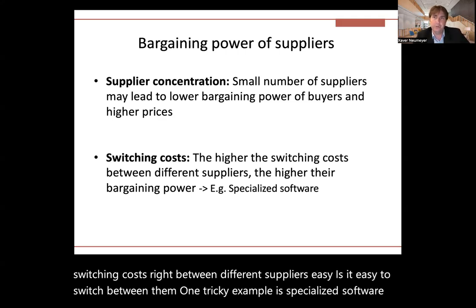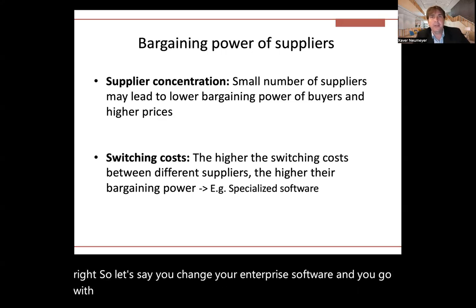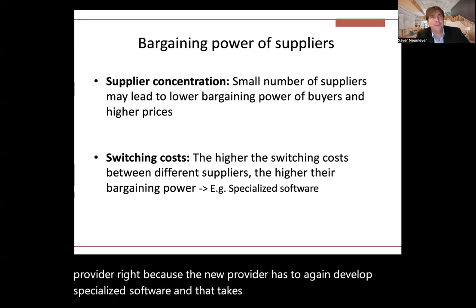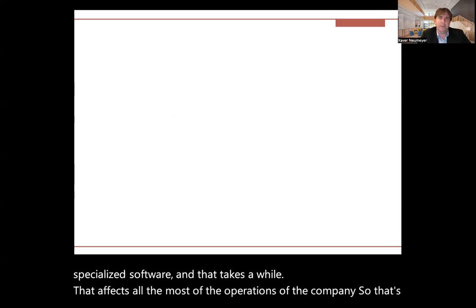So let's say you change your enterprise software and you go with a particular provider. It's really, really hard to switch that provider, right? Because the new provider has to, again, develop specialized software, and that takes a while. That affects most of the operations of the company. So that's tricky. That's why you have to think about that.